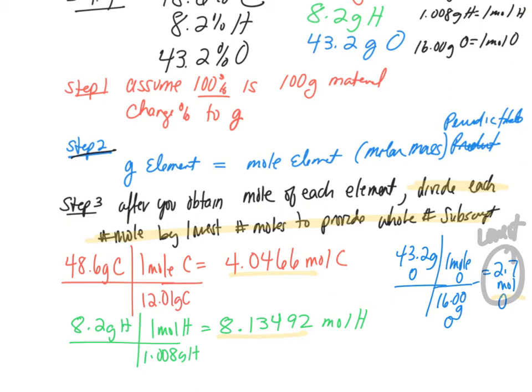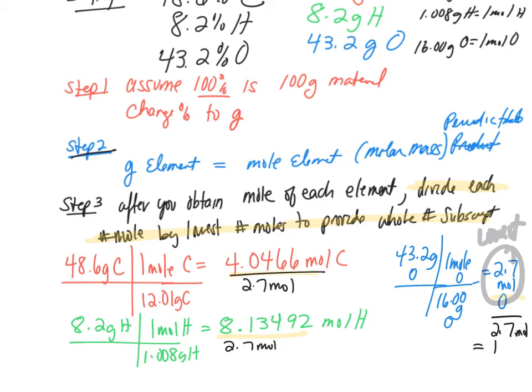If that's your lowest number, then you divide each one by 2.7. So 2.7 divided by 2.7 equals 1, and you can just divide that by mole, and it gives you unitless. Divide this by 2.7 mole, and divide this by 2.7 mole.